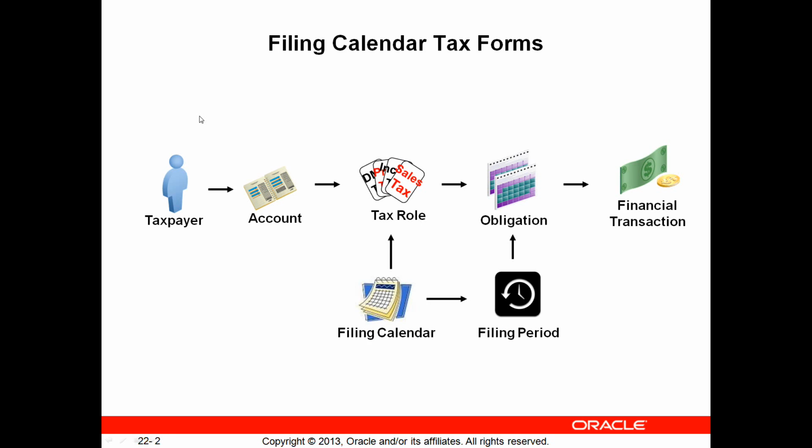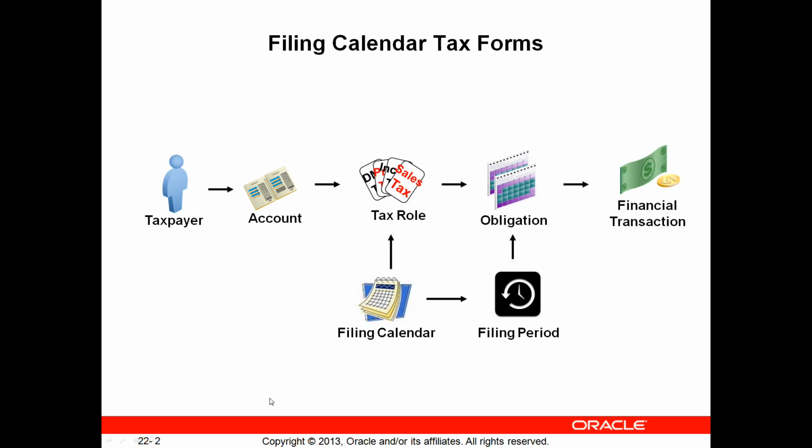Now we are going to look at how the form rules create the different entities needed in the tax form. We are working with an individual income tax form, and the different entities that we need to create are the following. A taxpayer, which is a person entity. After that, we can build an account, and on top of that there is the tax roll based upon a tax type.